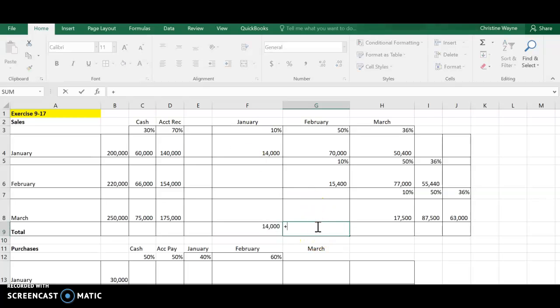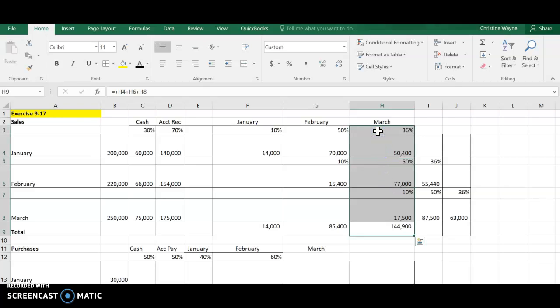In February, I'm going to look at what was collected both from January and from February. For March, I'm going to look at what did I collect from January plus what did I collect from February plus what did I collect from March to get my total cash collections based on my credit sales. So this problem is actually only looking for March.